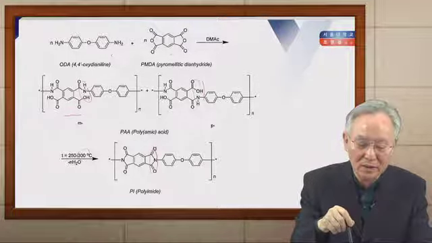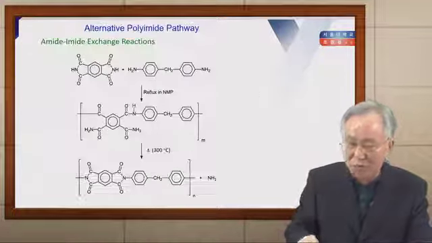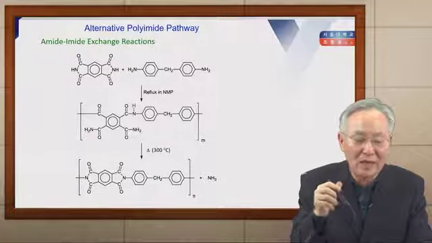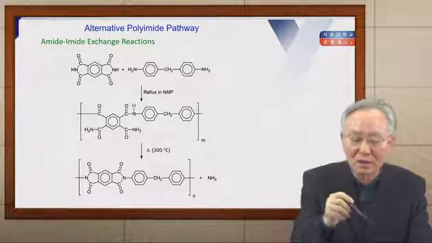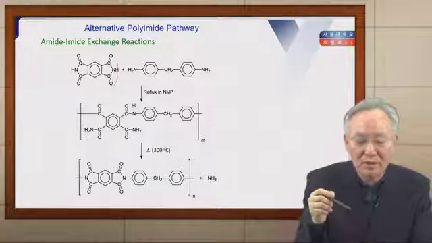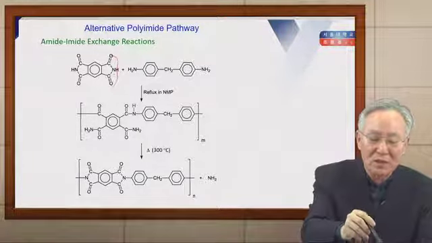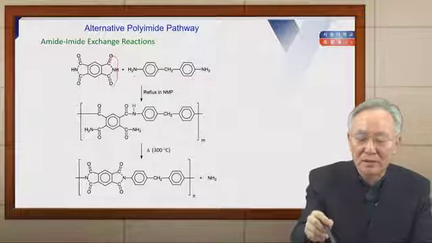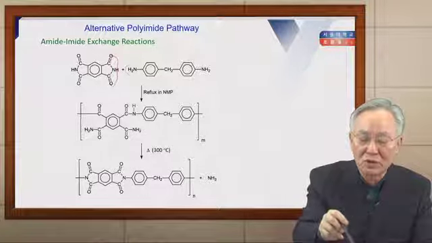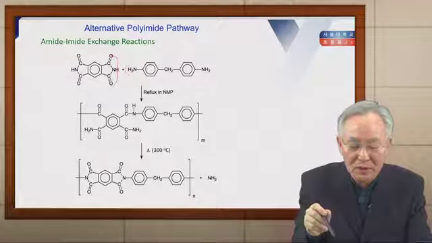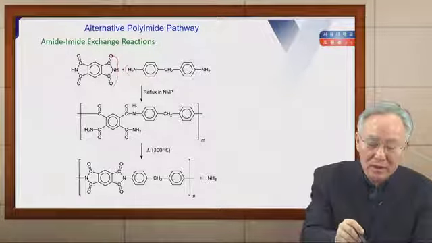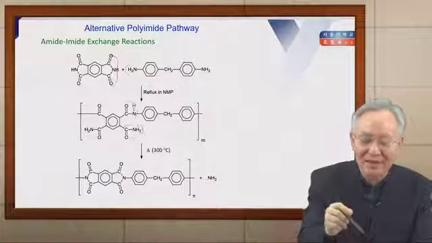This is polyimide. Another method to synthesize polyimide is to use amide-imide exchange reactions. This is already a cyclic polyimide. This imide is reacted with these diamines. These two are mixed and refluxed in NMP solution to form this amic amide here.